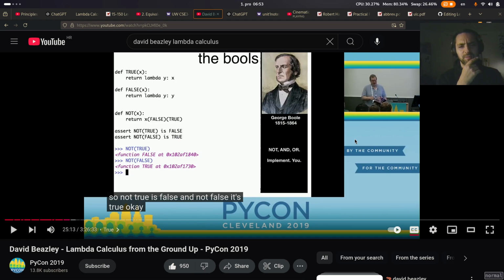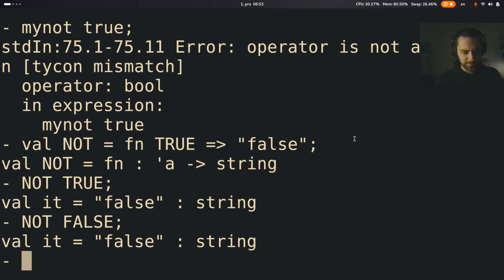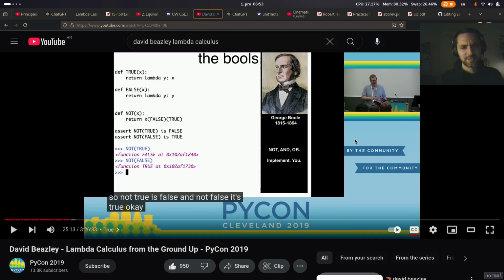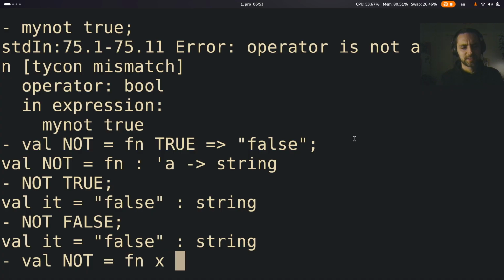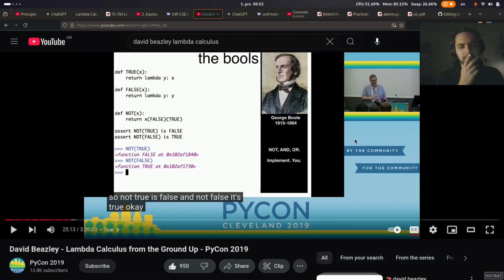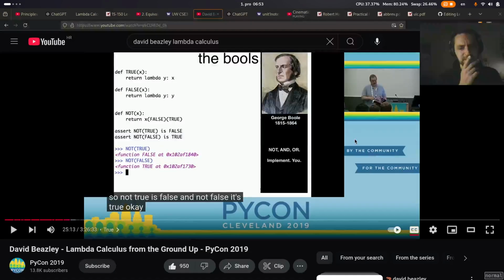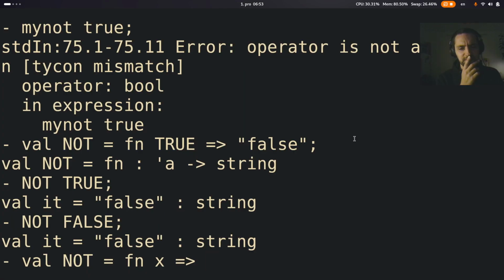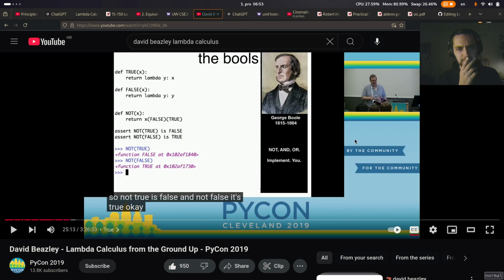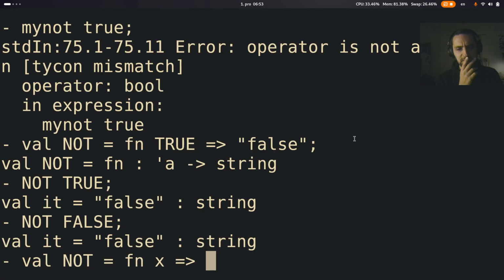Yeah, this is very simple, but it's not. Val not, fn of x, x false true. But he's not doing this. fn of y.